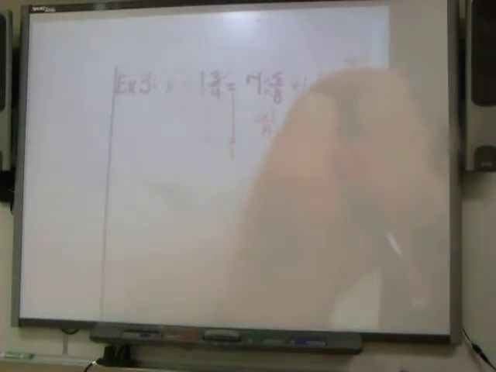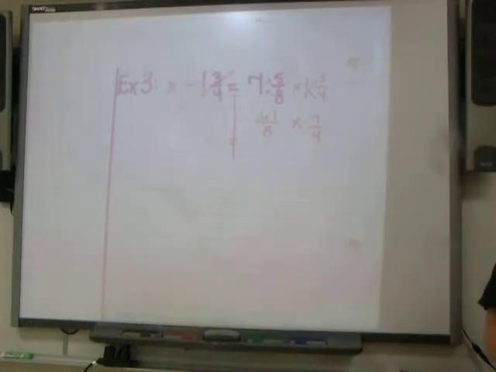And this is 4 plus 3 is 7. Keep the 4. We don't flip this one. That's only when we're dividing. We cannot reduce anywhere.